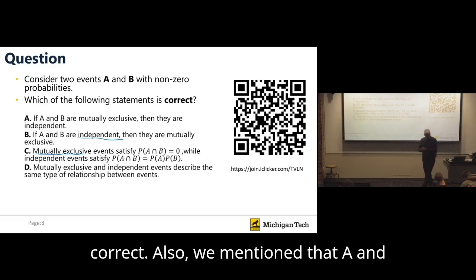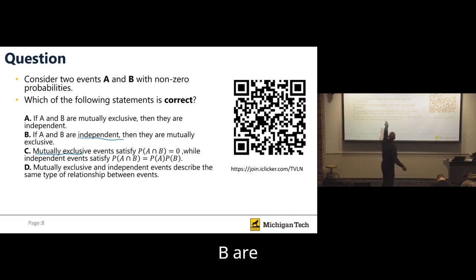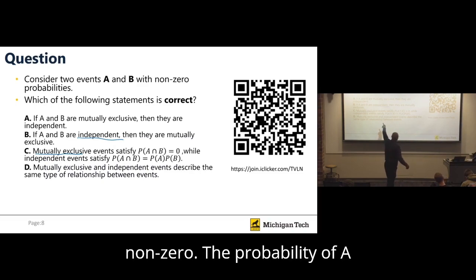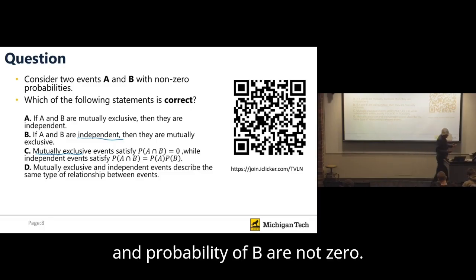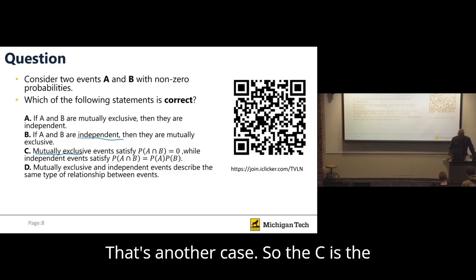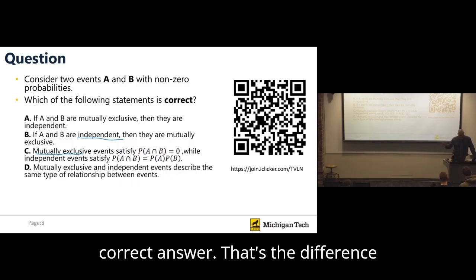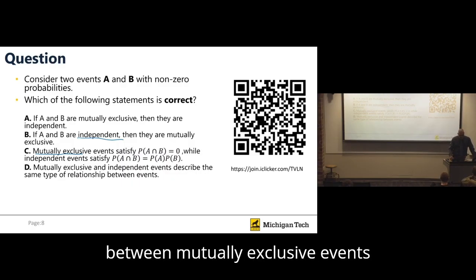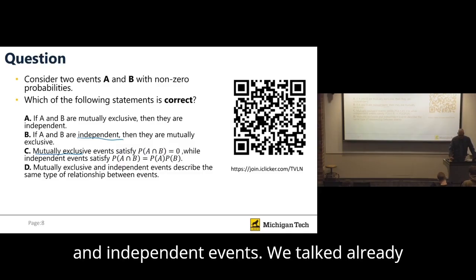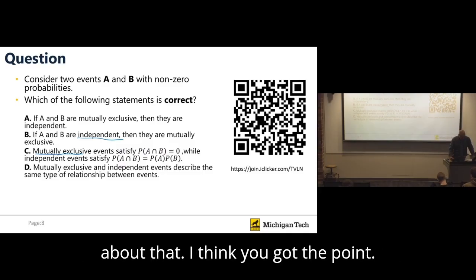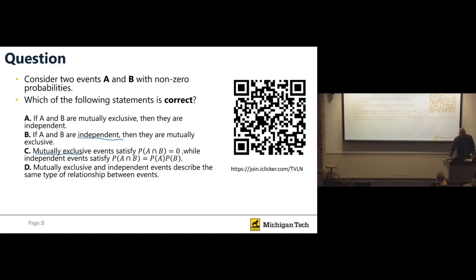Also, we mentioned that the probability of A and probability of B are not zero. That's another case. So C is the correct answer. That's the difference between mutually exclusive events and independent events. We talked already about that. I think you got the point. Any question? Okay.